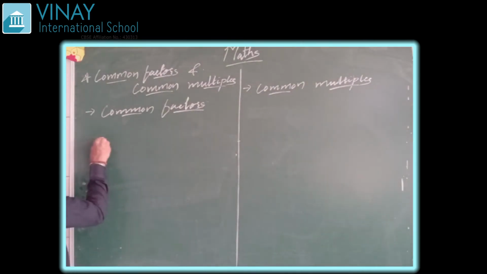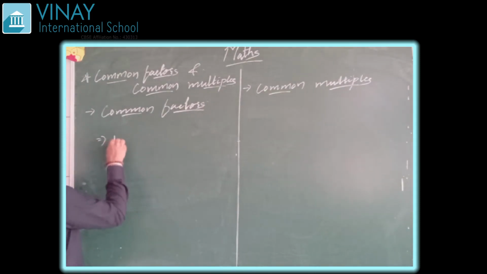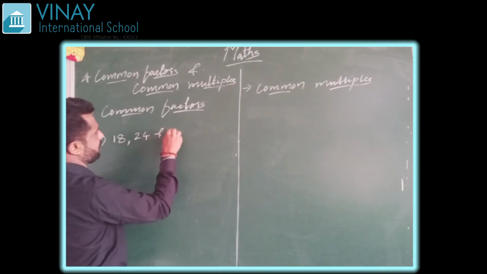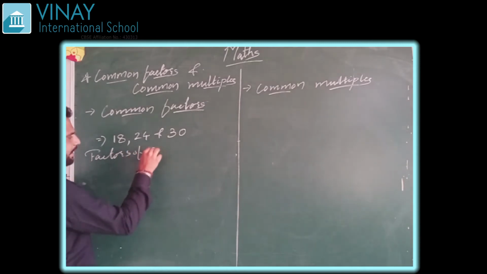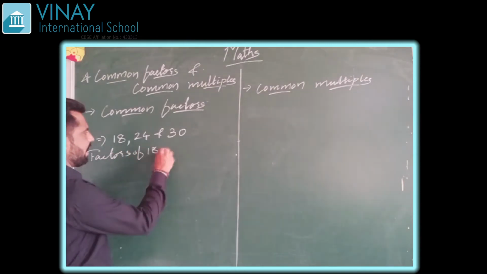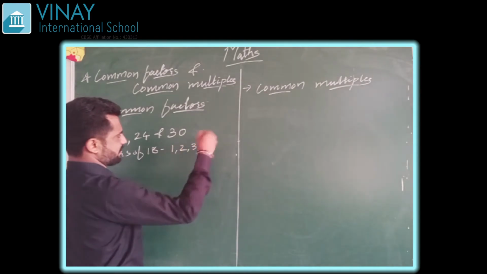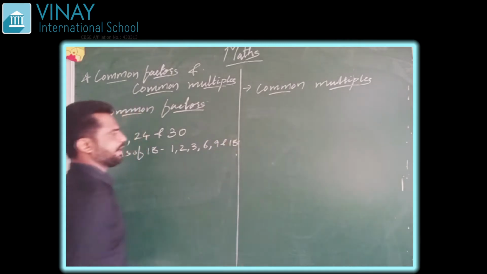Let us find out the common factors of, for example, 18, 24 and 30. Now here we need to find out the factors of 18. Factors of 18 are 1, 2, 3, 6, 9 and 18.